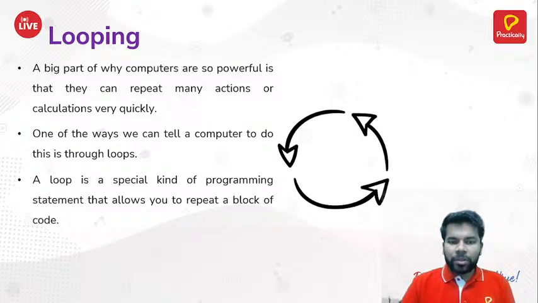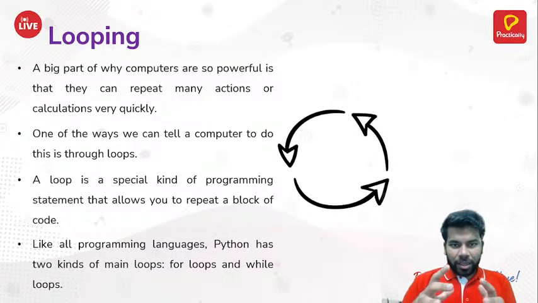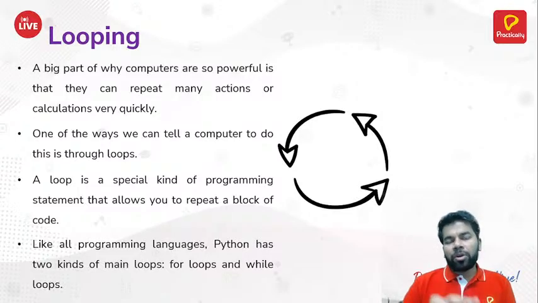Like all other programming languages, Python also contains two famous types of loops: one is the for loop, another is the while loop. With the help of these two loops, Python executes the task repeatedly, in whatever number of times we give to the computer system.